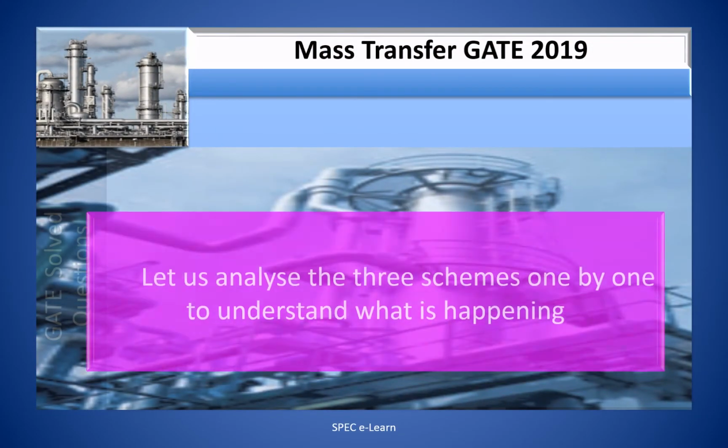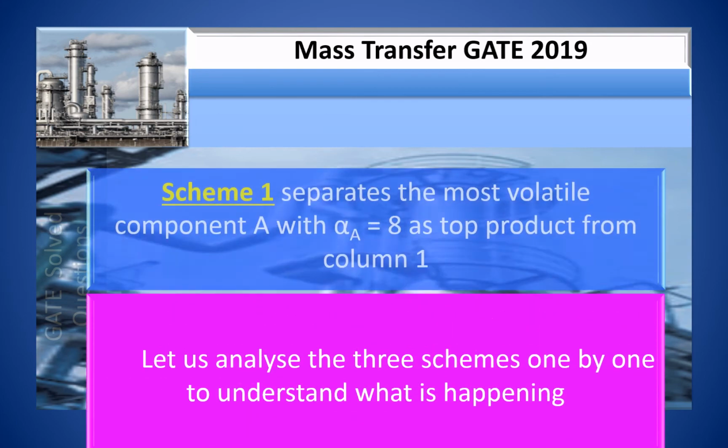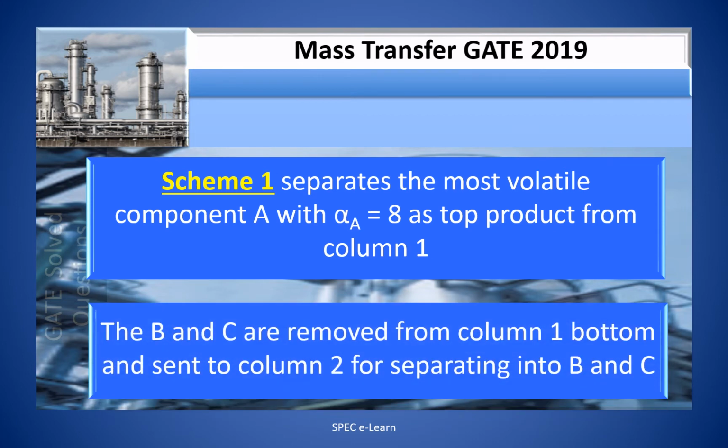Let us analyze the 3 schemes one by one to understand what is happening. Scheme 1 separates the most volatile component A with relative volatility 8 as top product from column 1. The B and C components are removed from column 1 bottom and sent to column 2 for separating into pure B and pure C.